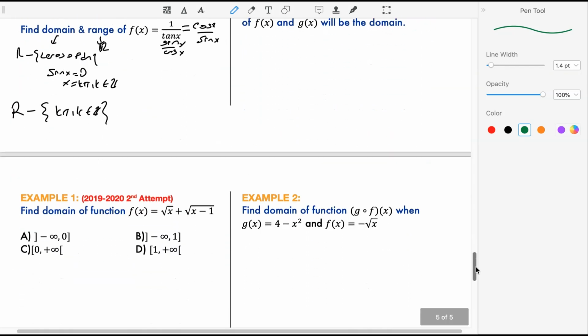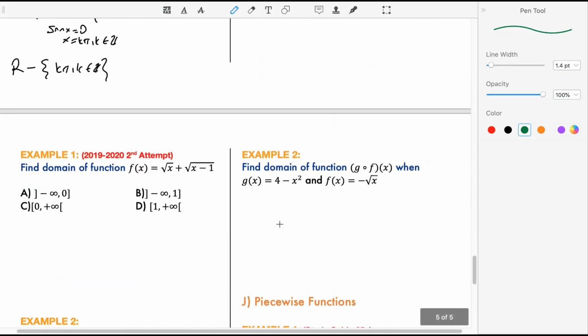For example, a ministry question. Find the domain. So find the domains separately. First, the stuff in the radical must be greater than 0. For the other, x minus 1 in the radical is greater than 0, so x is greater than 1. What's the common part? Let's put them on the number line.